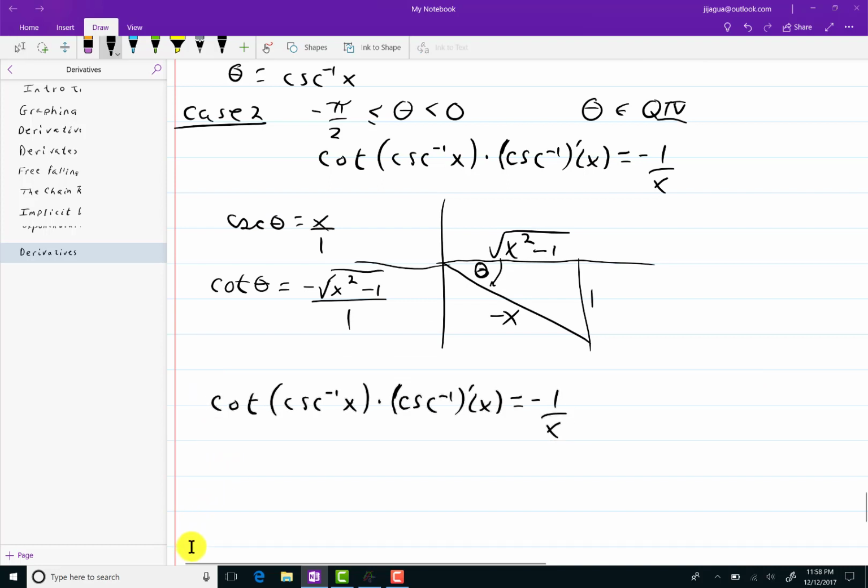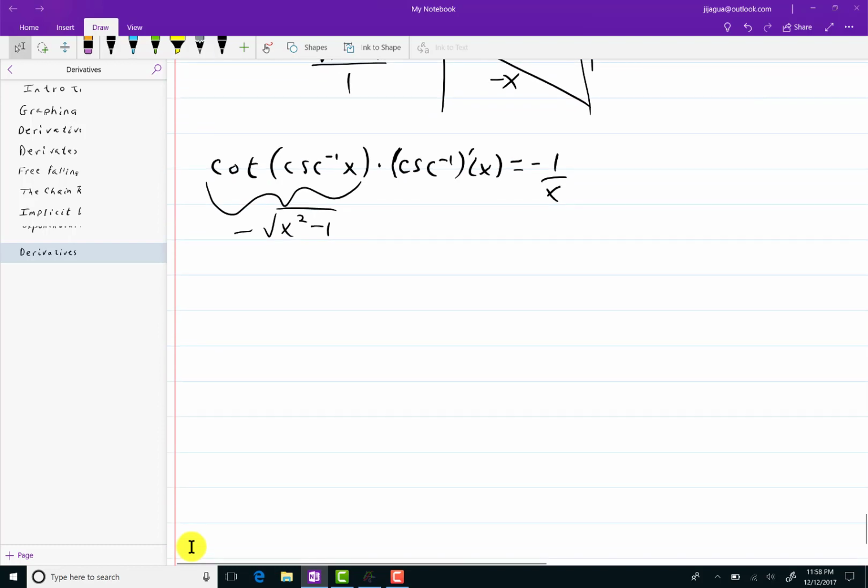This piece right here now is a negative square root of x squared minus 1. Now I'll divide both sides by that, and I get cosecant inverse prime of x equals positive 1 over x times the square root of x squared minus 1.